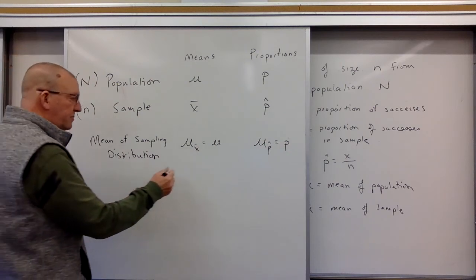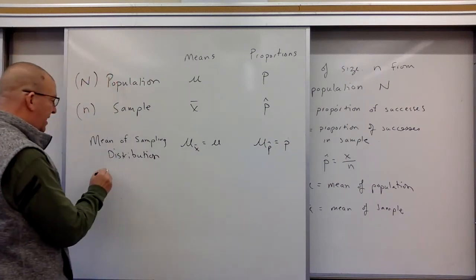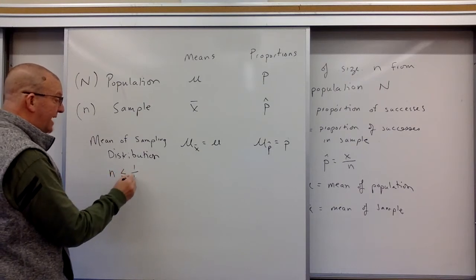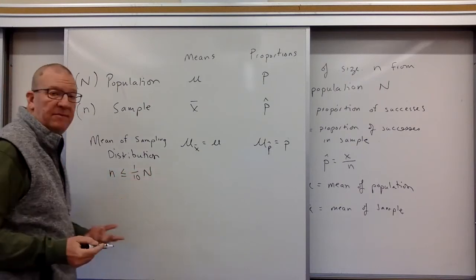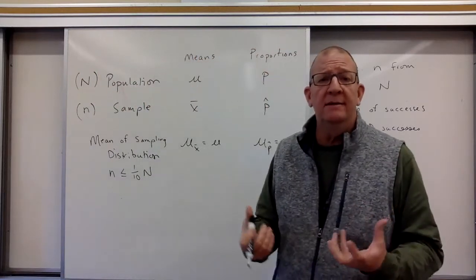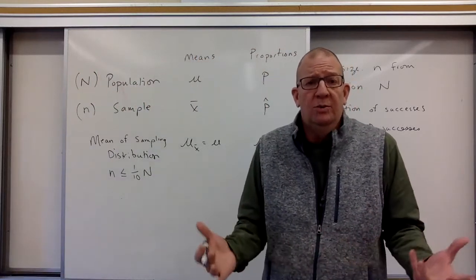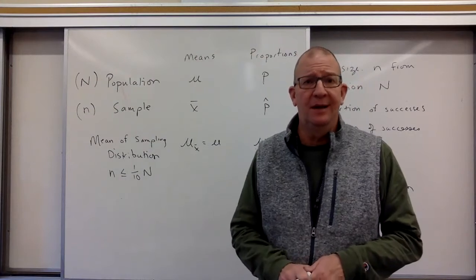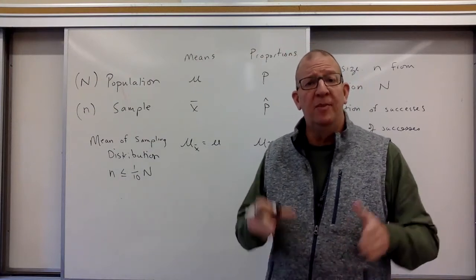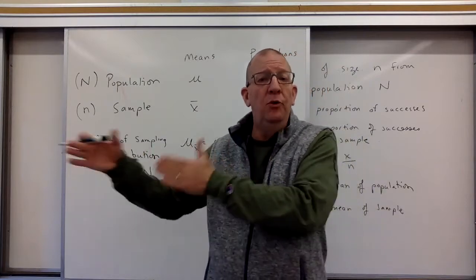One, we need to make sure that little n is less than or equal to 1/10 of big N. Why is that? Well, we don't want our sample to be too large because then it's no longer a sample, right? Then it becomes just survey everyone. So we need a small enough sample so that we can take multiple samples.